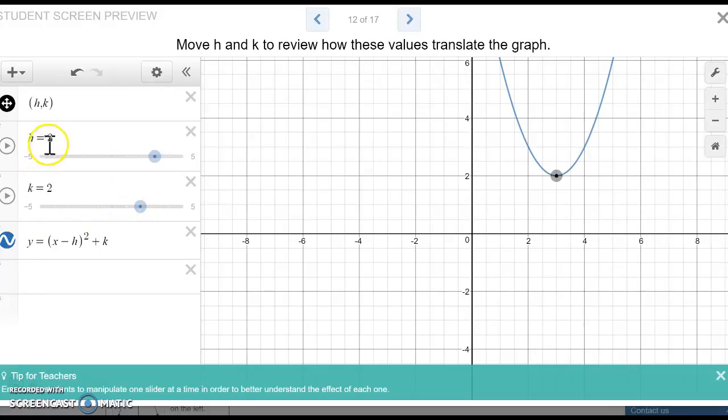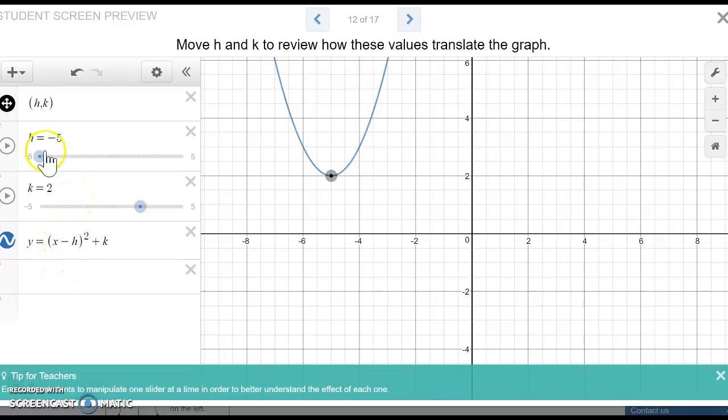Now, if I were to go to my h and change my h, as I increase the value of h, my graph is moving over. As it decreases, it's moving in the other direction. Now, one of the interesting things that happens because this equation is x minus h is that when h is a -5, that actually simplifies to x plus 5.